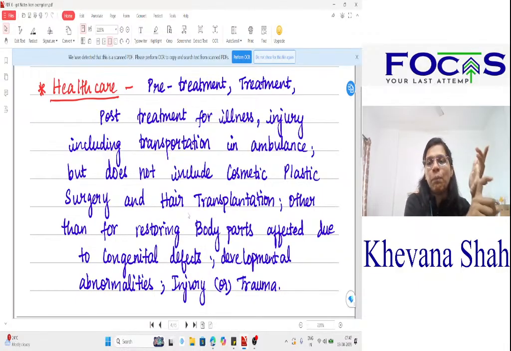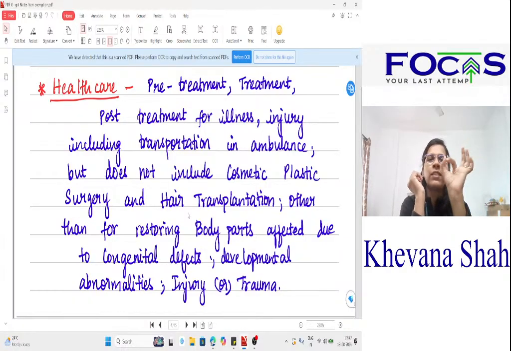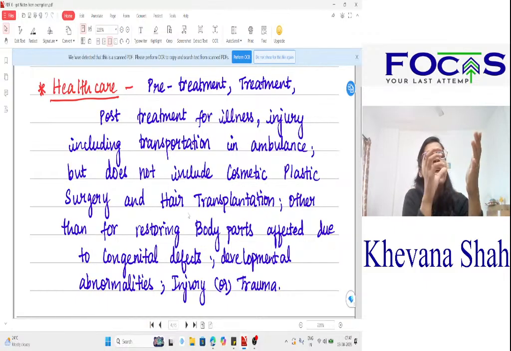Now, what is included in healthcare? So, any pre-treatment, treatment or post-treatment for illness, injury, including transportation in ambulance, but does not include cosmetic plastic surgery and hair transplantation. So, any cosmetic surgeries or any surgeries which are not necessary for your function to improve, but you are only taking those surgeries to improve the aesthetic appearance, those are not included in your healthcare services.